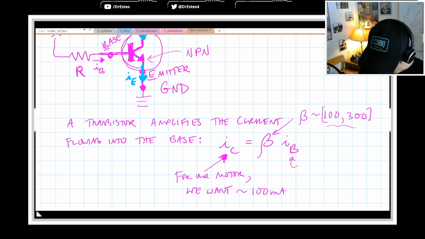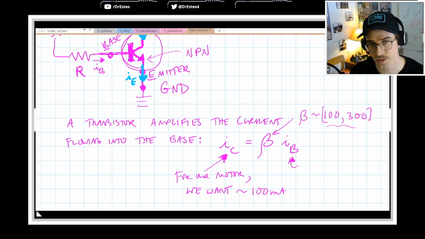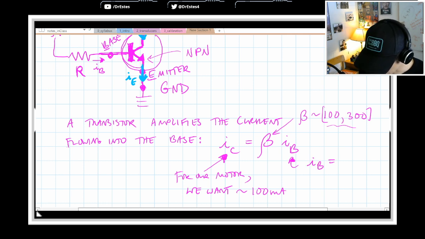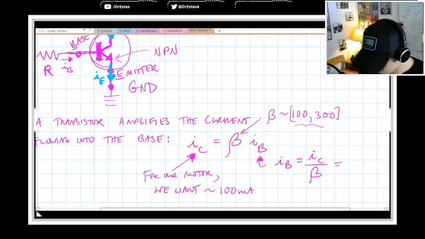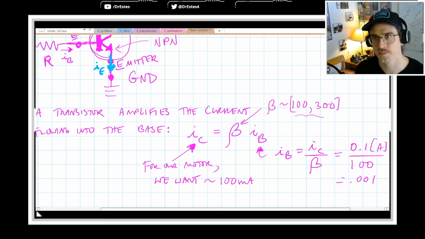Then you can ask, how much do I want to come into the base, knowing that that amplification is going to happen? So IB is IC divided by beta. If it's 100 milliamps, so that's 0.1 amps, and I divide that by 100, that's 0.001 amps.